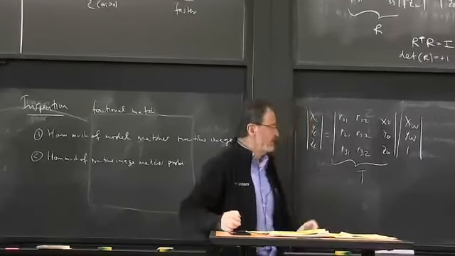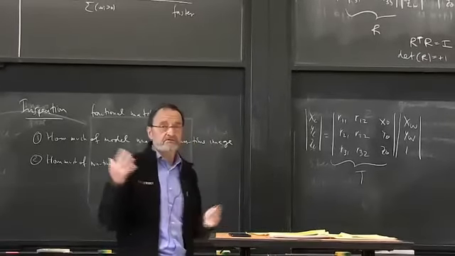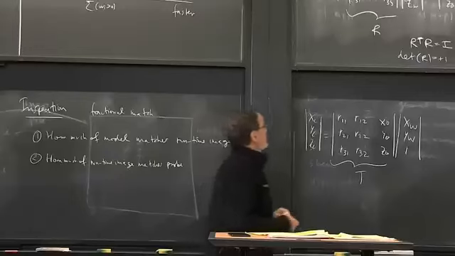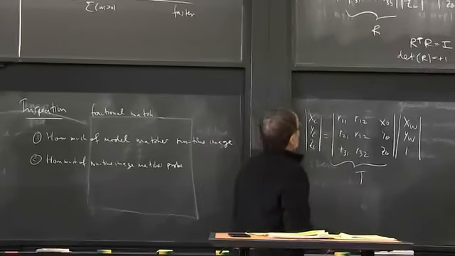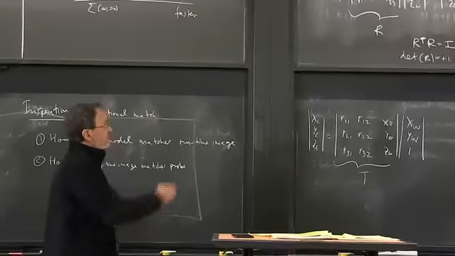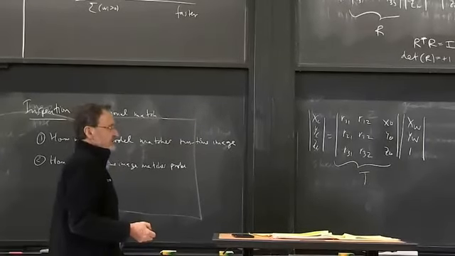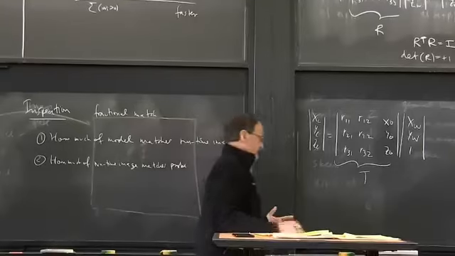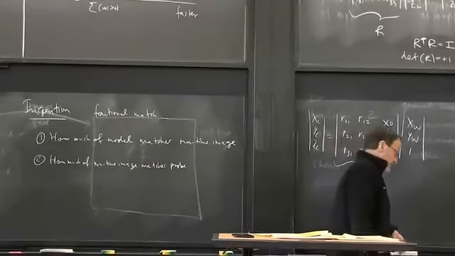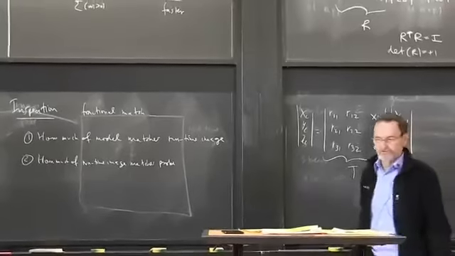So, okay, that means that if we have translation and rotation, there should be 6 degrees of freedom. And then you look at that matrix up there, and well, there's already 9 just in the matrix, and then there's another 3 for the translation, so there's 12. So there's a redundancy, there's something wrong.